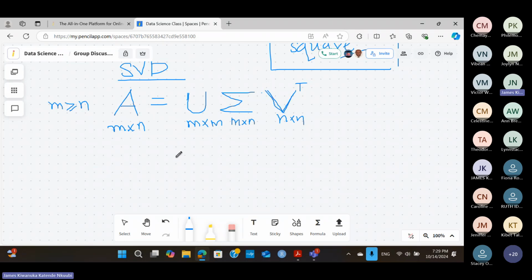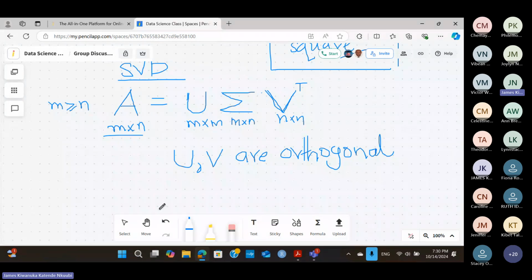So these matrices, U and V, are supposed to be orthogonal matrices. The claim is that this works for any matrix. This one does not discriminate. It even goes a step further: the matrix does not have to be square, and you will still find this decomposition.